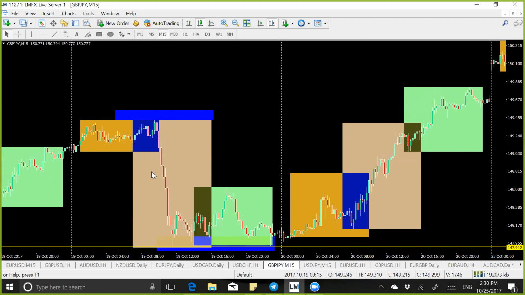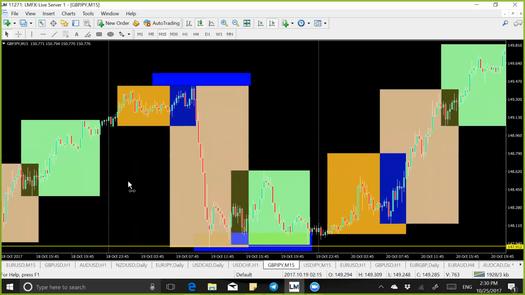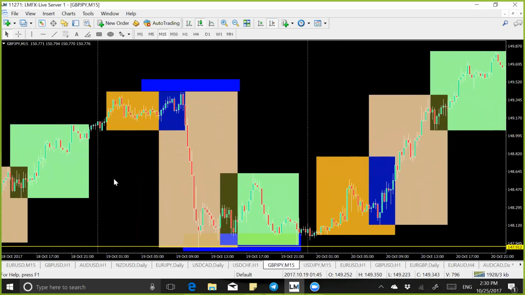But taking a trade in the Asian session, I personally don't recommend, because London session is going to decide the direction of the market for the following day. Because Asian session is just the start of the day. So usually consolidations, people place their orders, stuff like that. Then London session, why it's more important, because it gives you direction of the market for the next day, right?